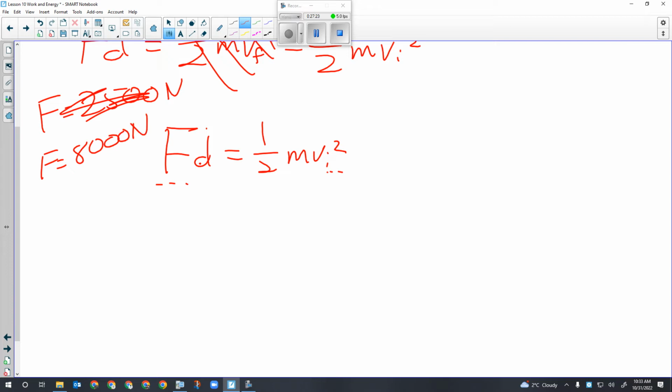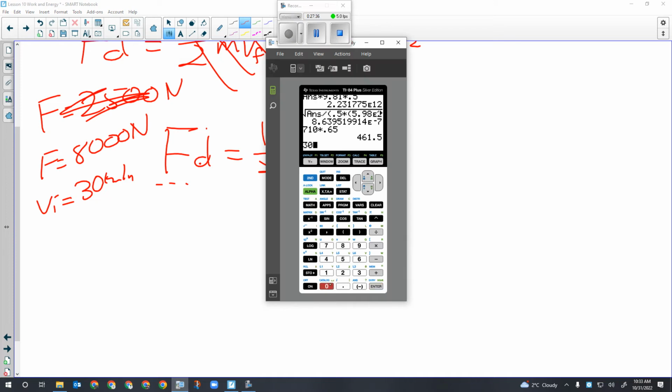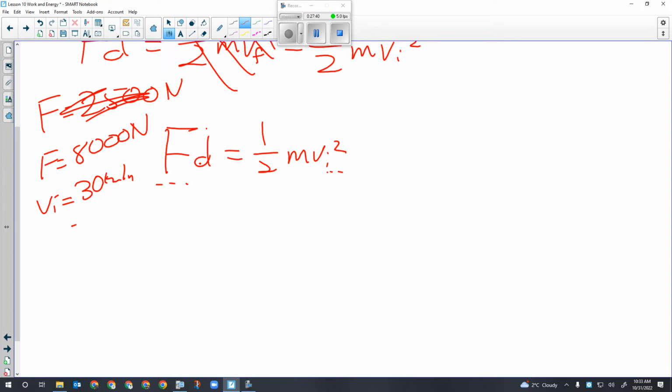And let's say I'm traveling at the speed limit, going through a playground zone, so that's 30 kilometers per hour. I have to convert that to meters per second. 8.3, so I'm moving at 8.3 meters per second. Now I want to calculate how far I will travel before I stop. Oh, and the mass of my car is 2,000 kilograms.